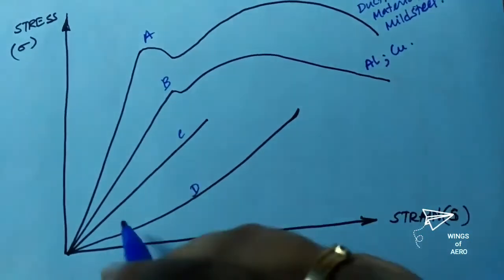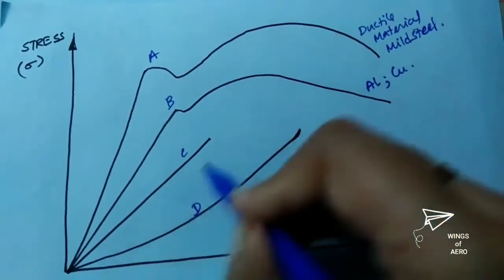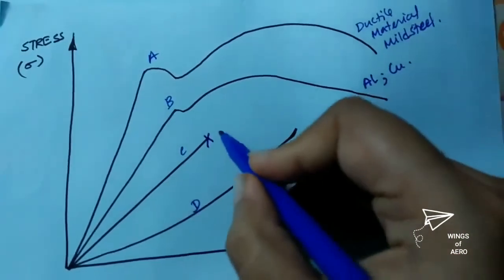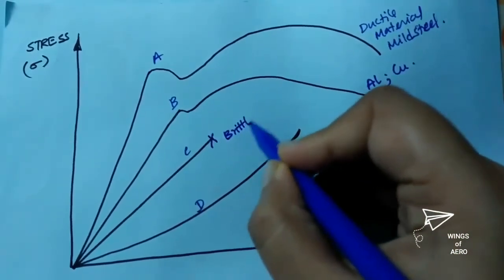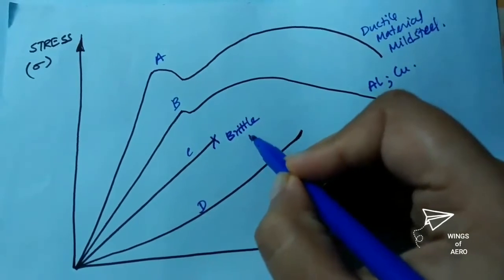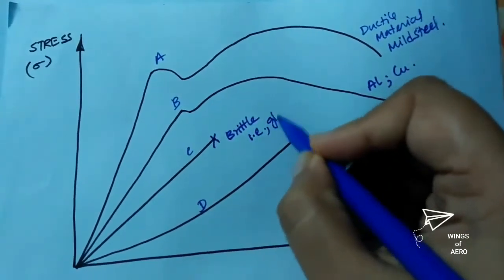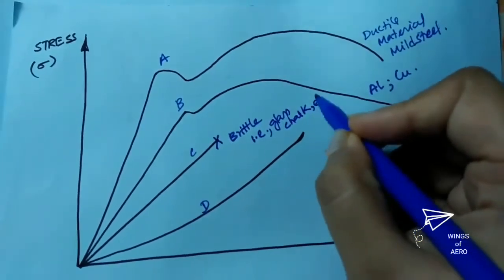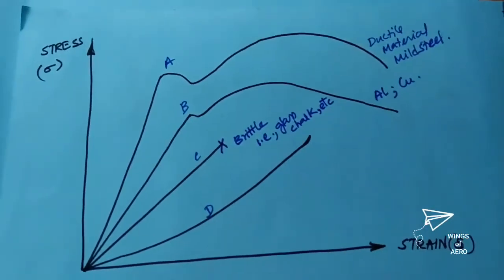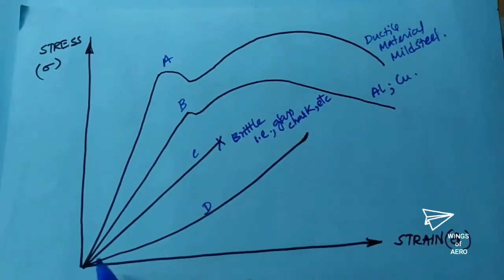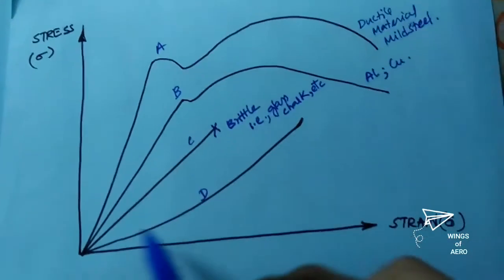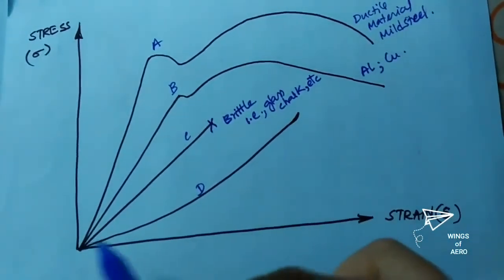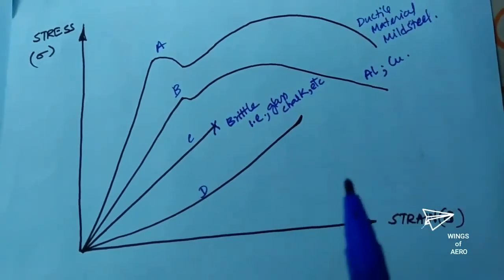Now see curve C: directly it comes and breaks here. So obviously it is a brittle material like glass, chalk, etc. And see curve D: it is going in a reverse parabolic form, the curve going towards the upward direction.